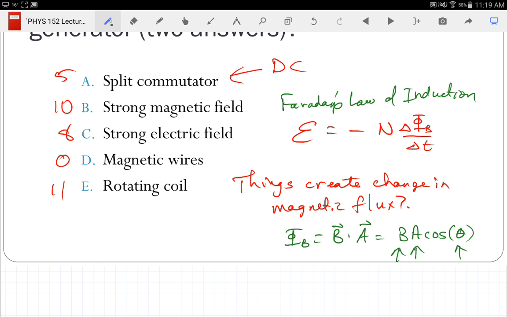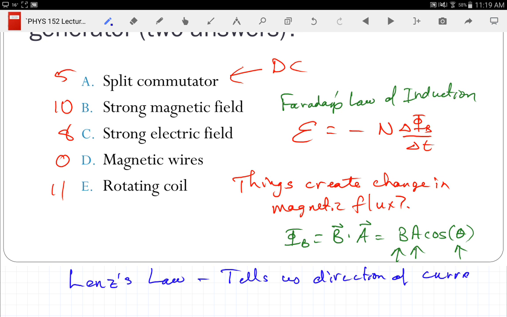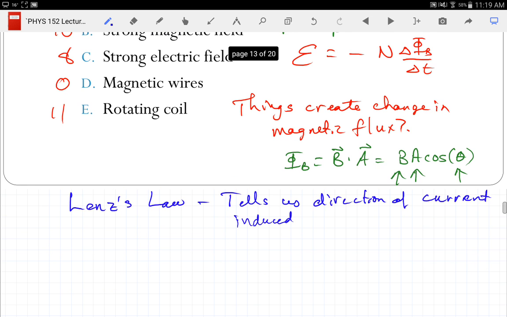To go with Faraday's law of induction, we use Lenz's law, that tells us the direction of current, and if you know the direction of current, you know which side is positive, induced. And here's how it works.